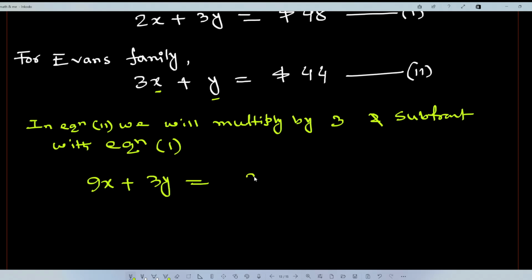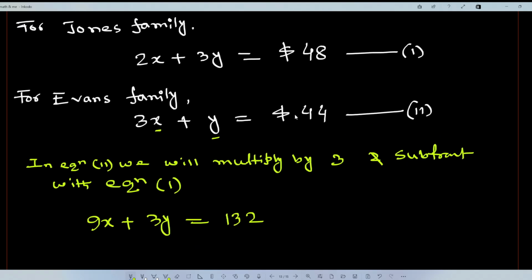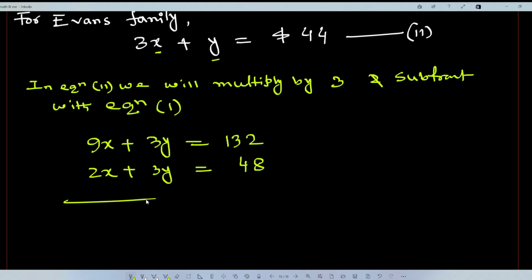If we multiply by 3, we get 9x plus 3y equals 132. Okay, and we will subtract equation 1, 2x plus 3y equals 48. Once we subtract, the sign will change. So 3y minus 3y is eliminated, 9x minus 2x means 7x.